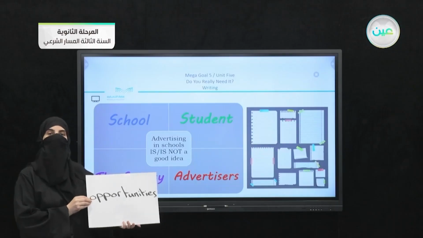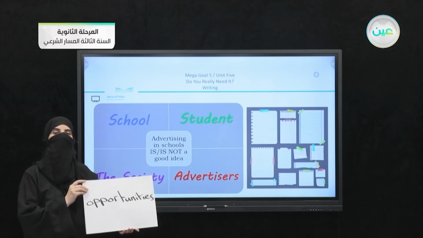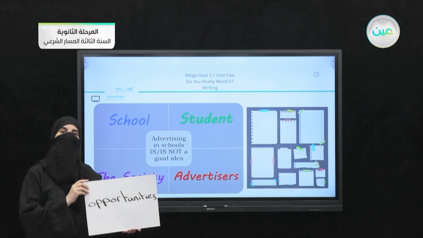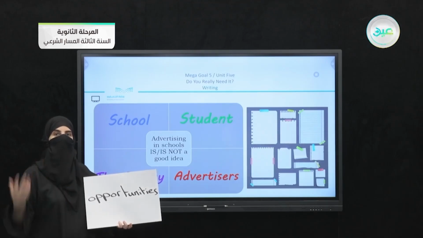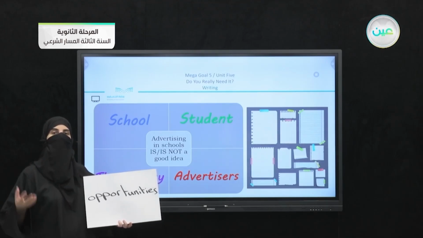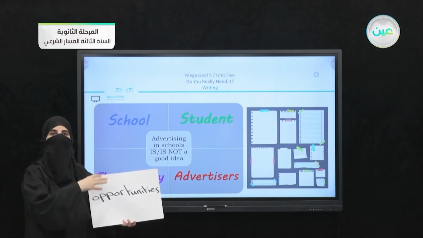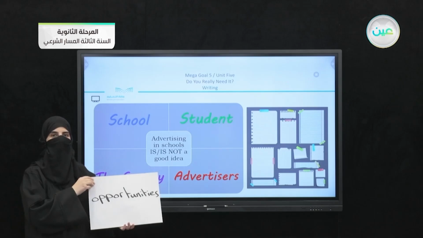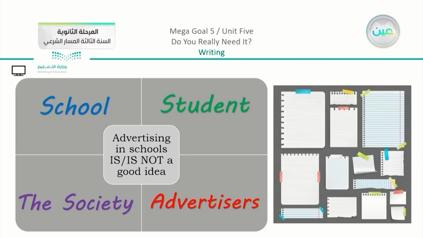When there are advertisements and people are working, they are mainly having more opportunities. The student or the school itself is giving an opportunity to the advertisers, the advertisers are giving opportunities to the students, and all of us are affecting the society. These are just examples of words that I can use here.